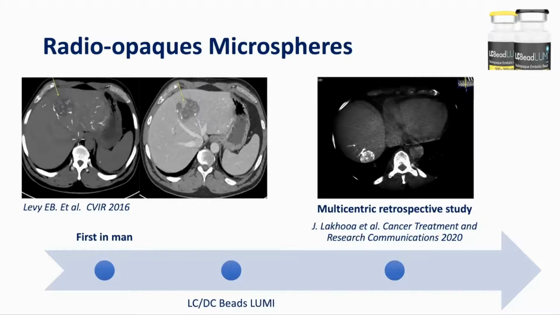So it's a new technology, and we can see those beads directly in the tumor and their feeders, as here on the CT scan, or here all these beads in the tumor trapped with contrast media and in the feeding artery, and you can even see if there is non-target embolization.